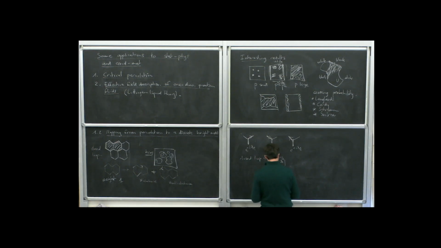And a loop oriented counterclockwise will pick up a weight e to the i lambda. So that the total weight of a loop, after we have traced over orientations, gives us a loop that has no orientation anymore, and the weight of this thing should be 1.